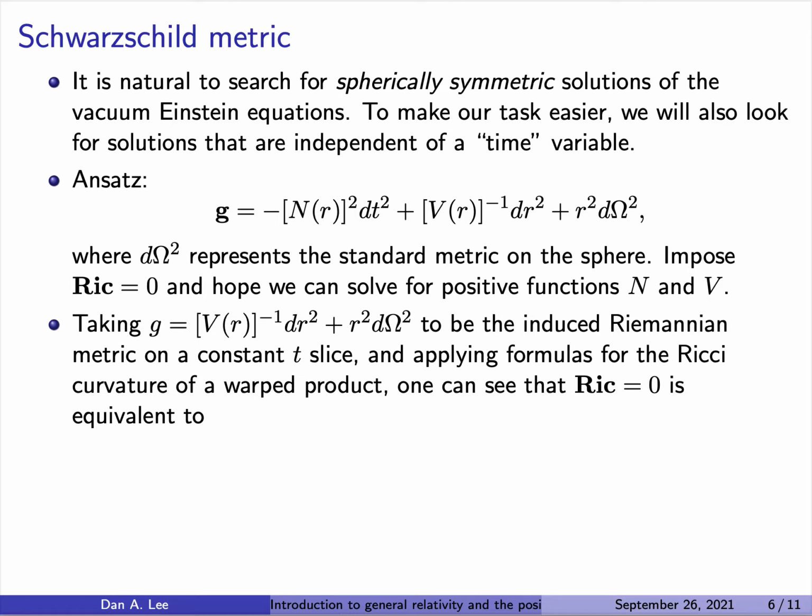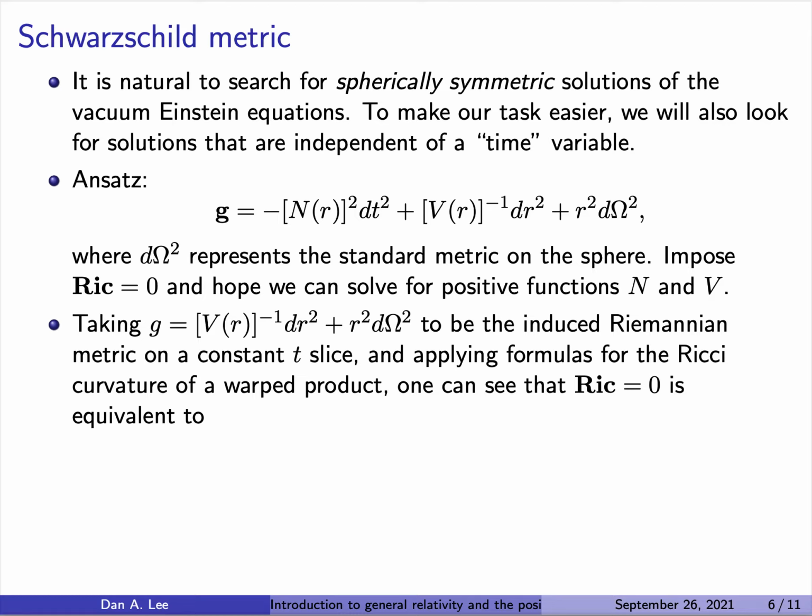And if you think about the structure, bold G is a warped product over regular G. So if you are familiar with the formulas for the Ricci curvature of a warped product, then we can write out what it means for the Ricci curvature of bold G to be 0.